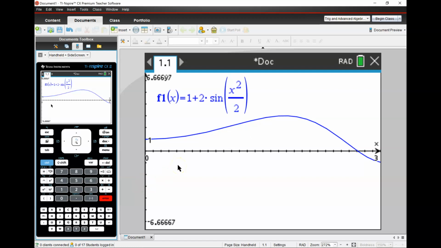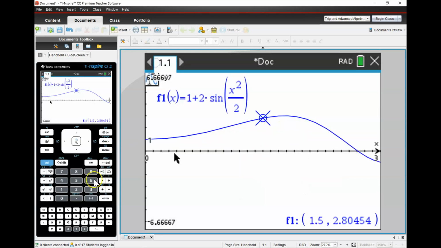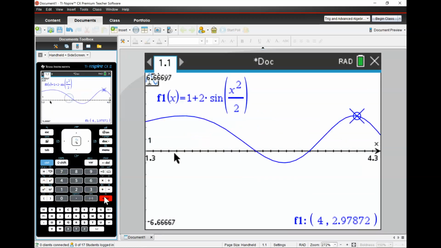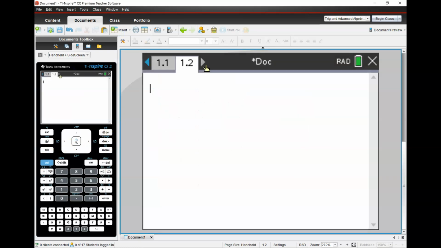Now, for part A, I wanted V of 4 and then the derivative, right? So for V of 4, I could have just done menu, trace, graph trace, type in 4, enter, and it gives me the value. I could also do control, add a page, add a calculator, and do F1 of 4.